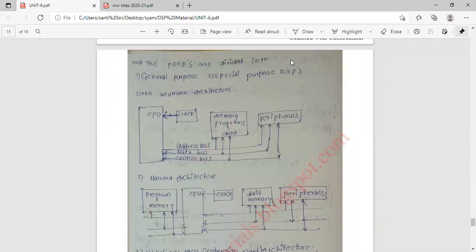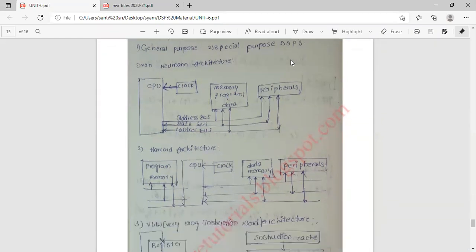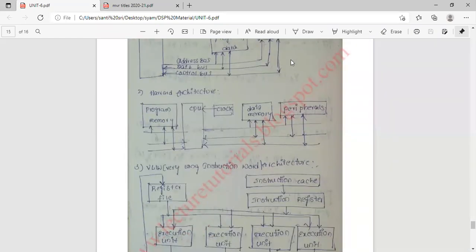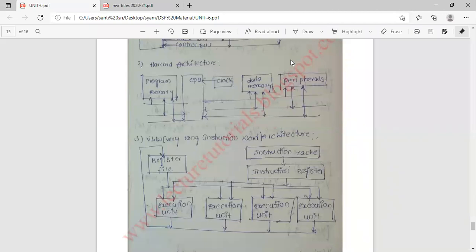What are they? Von Neumann architecture, Harvard architecture, and VLIW, that is, very long instruction word architecture.